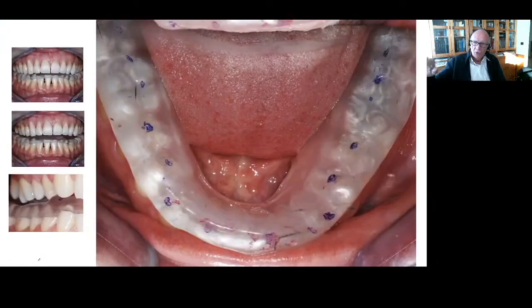With contact on all the arch. We have to stabilize first, stabilize the teeth. Stabilize the teeth means we don't want migration of the teeth.